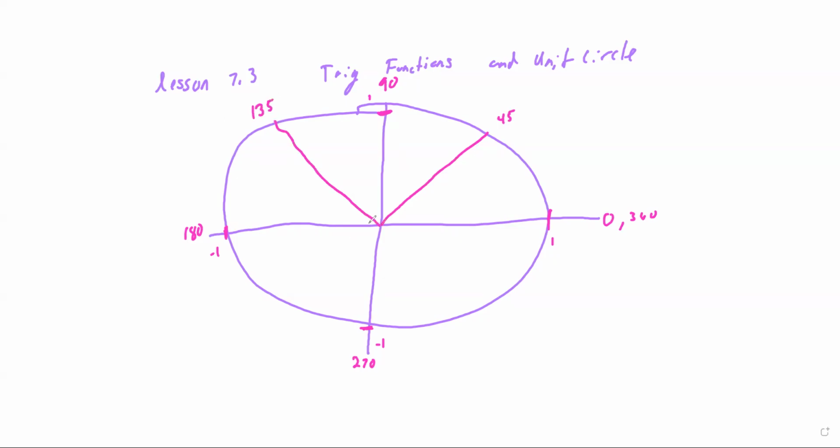and then half of this way here would be 135 degrees. All we did is 90 plus 45. If we add another 45 to 180, we get 225. If we add 45 to the 270, we get 315.